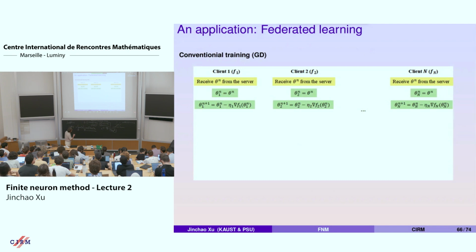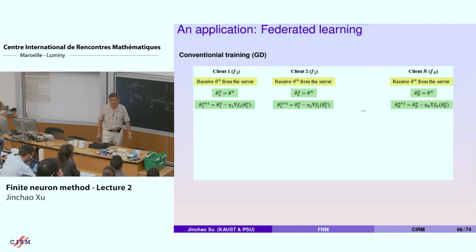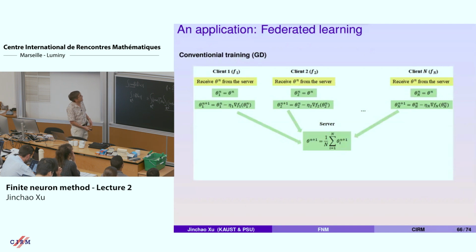So each one of you does a one-step gradient descent separately. Then you collect and add them together. That's a one-step gradient descent method. If you do the stochastic gradient descent method, you do a few clients, a few data together, randomly somehow. This is called federated learning.